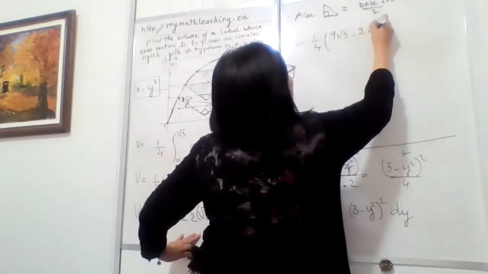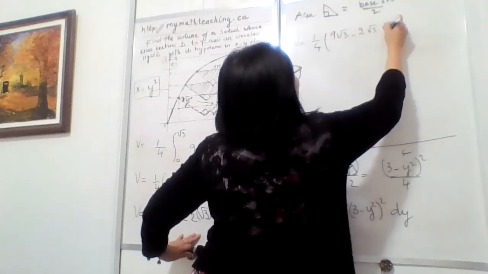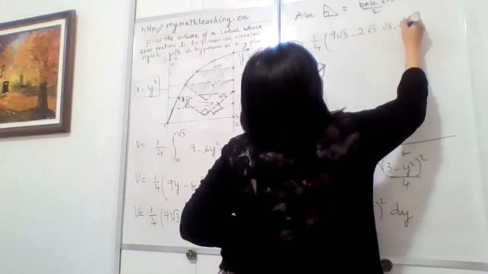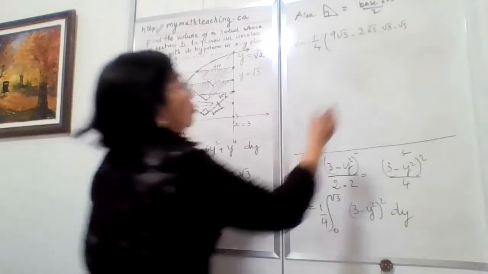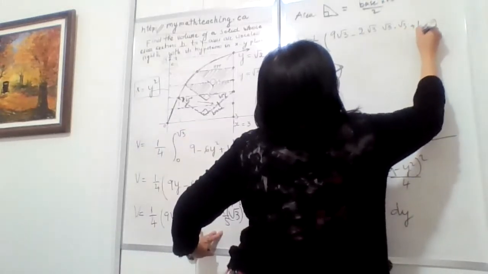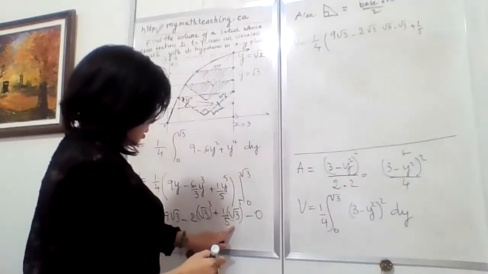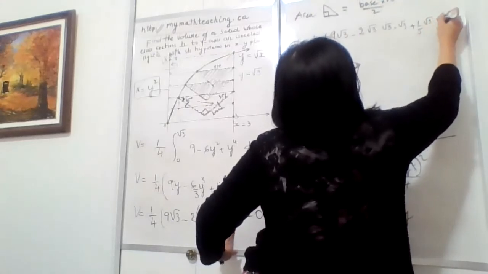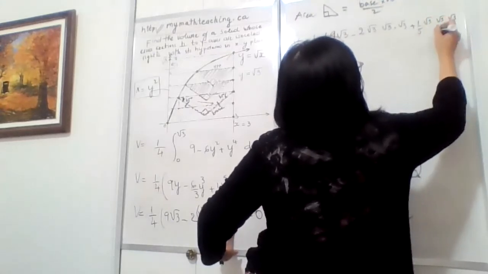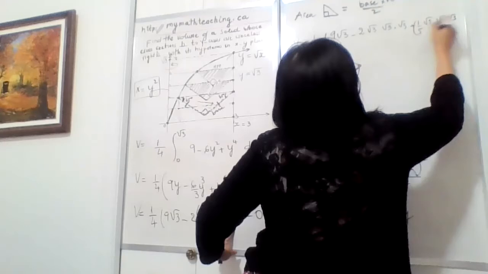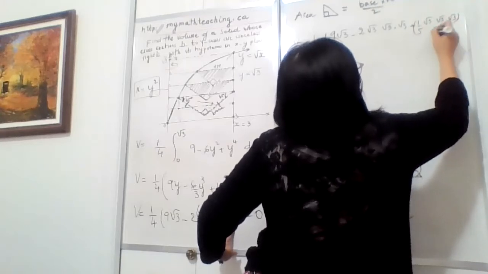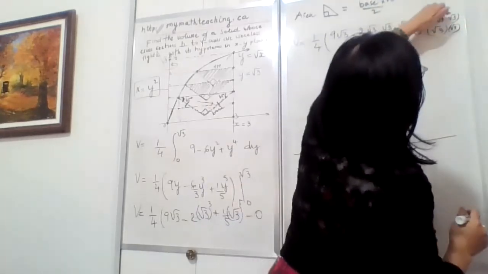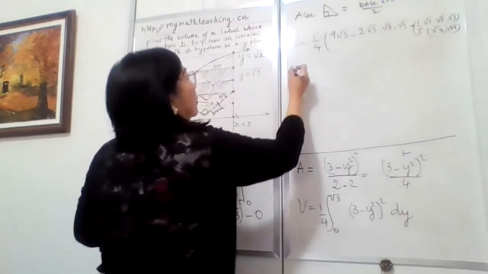I'm going to turn this into square root 3 times square root 3 times square root 3, because that's power 3, right? Adding 1/5 square root 3 to the power 5, so 5 times: square root 3 times square root 3 times square root 3 times square root 3 times square root 3, 5 times. 1, 2, 3, 4, 5, right?